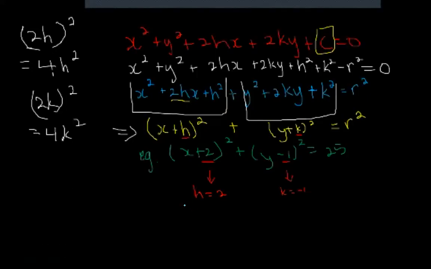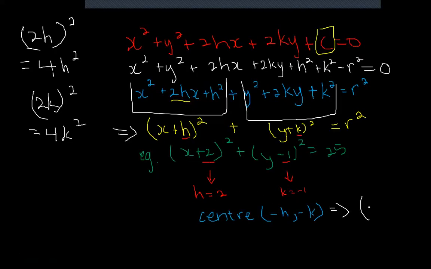However, we know that the center coordinates are in the form minus h, minus k. Therefore, since h is 2, minus h has to be minus 2. And since k is minus 1, minus k has to be 1. Same answer.